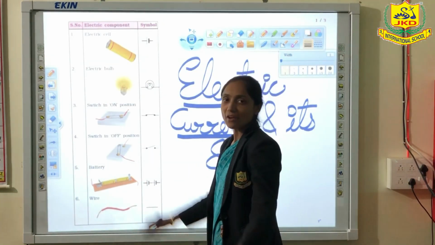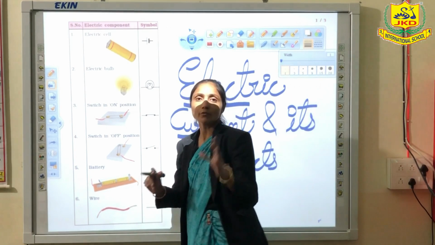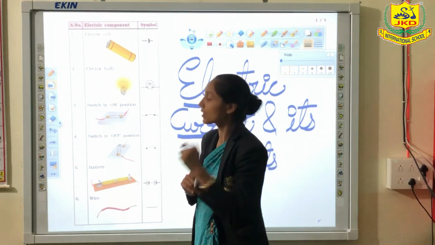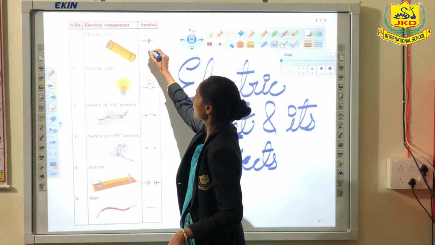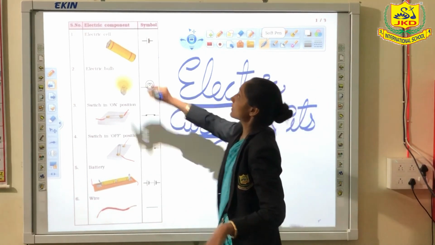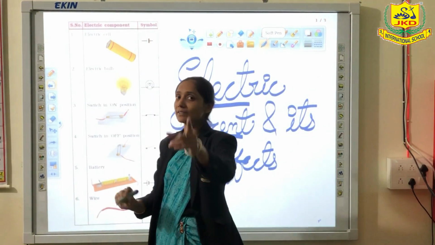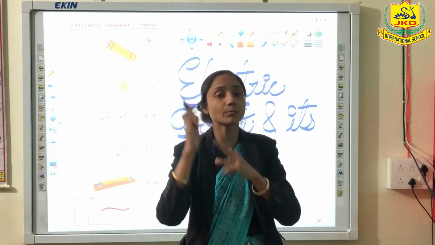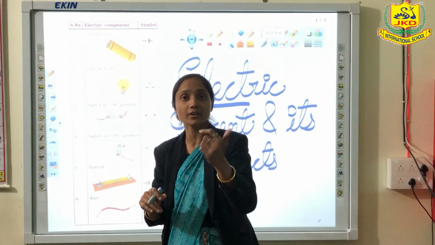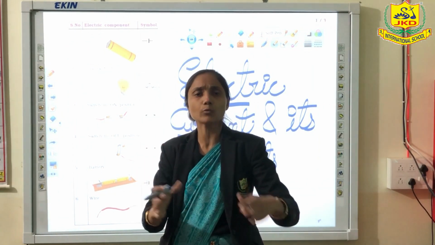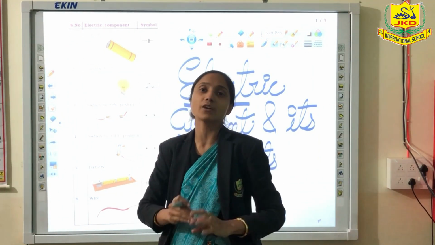Look here, everyone look at this table. We will understand what equipment can be used in a circuit. First of all is the electric cell. The electric cell is nothing but the cell which we use, and I think you have already seen the cell in your daily lives. You use it in the remotes of your TVs, ACs and refrigerators, or any other equipment, or the torches you are using.